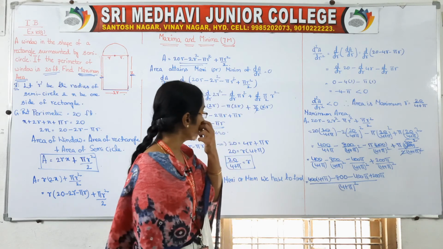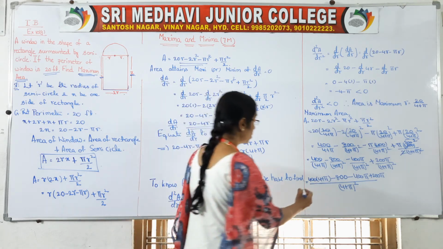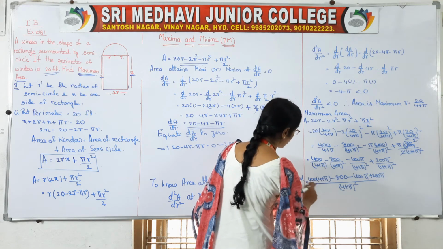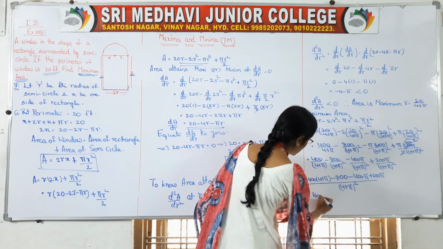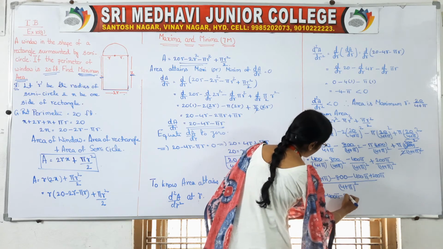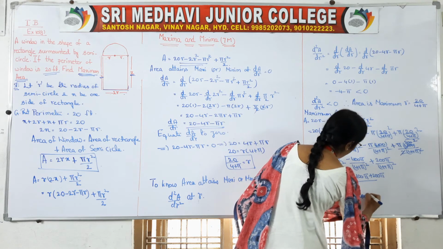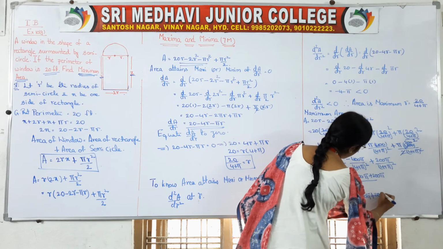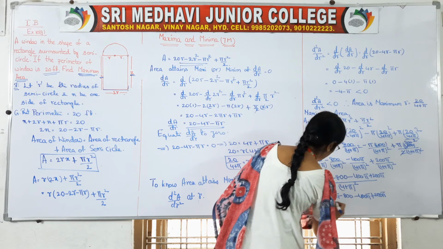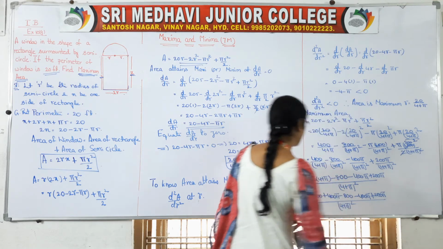Okay, so 4 2s are correct only. So this is equal to, here 4 4s are 16, 1600 plus 400 pi minus 800 minus 400 pi plus 200 pi by 4 plus pi whole square.